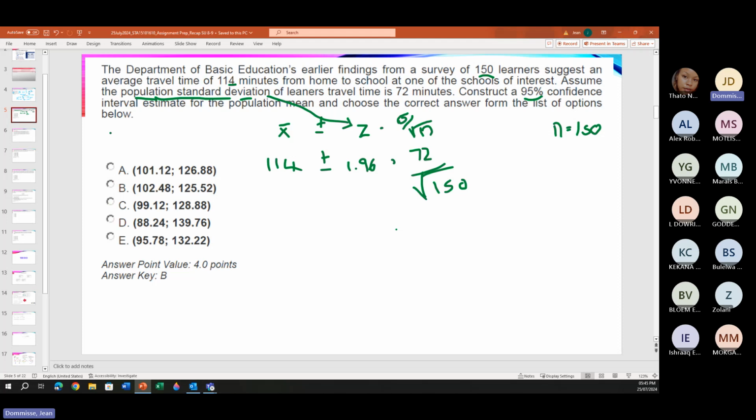So 72 divided by the square root of 150. I just want to write this down as well, so that you can follow the steps later on, where we got everything.